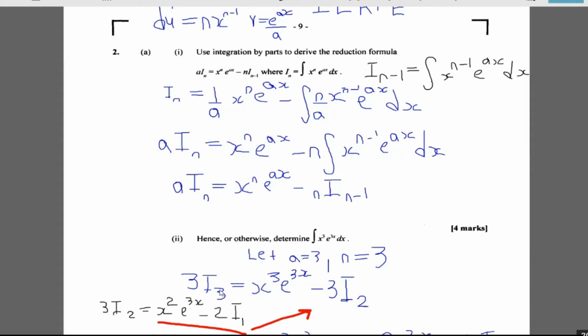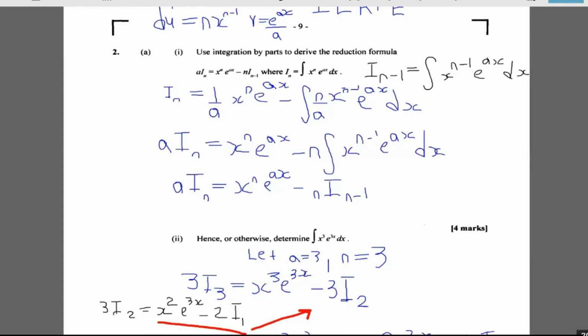So what we're finding is I3. But since a is 3, we can say that 3I3 is x cubed e to the 3x minus 3I2. Following the reduction formula, we plug in a as 3 and n as 3, and then it becomes x cubed e to the 3x minus 3 times I_(3-1), which is I2.